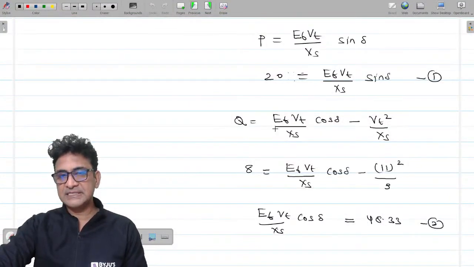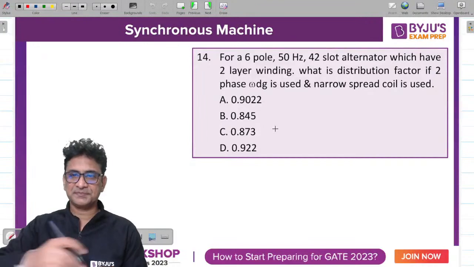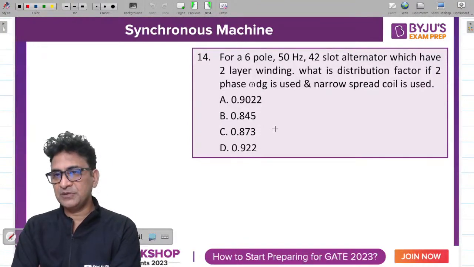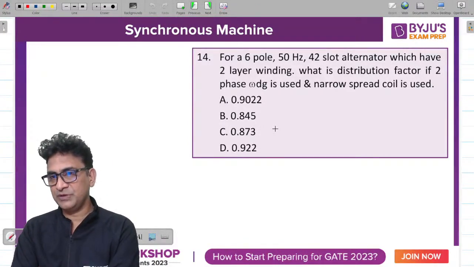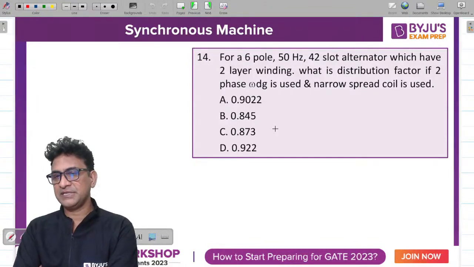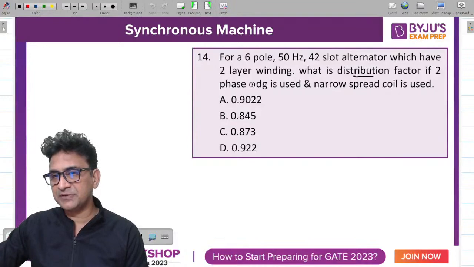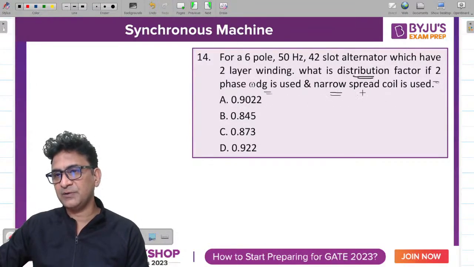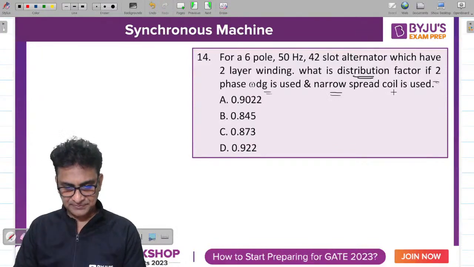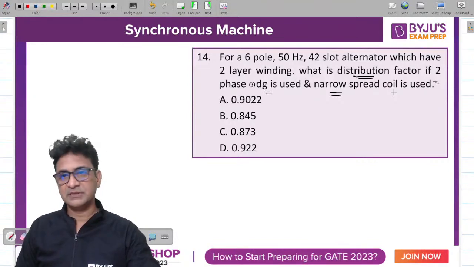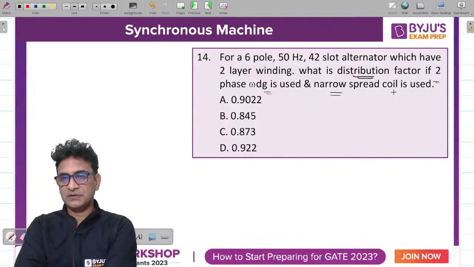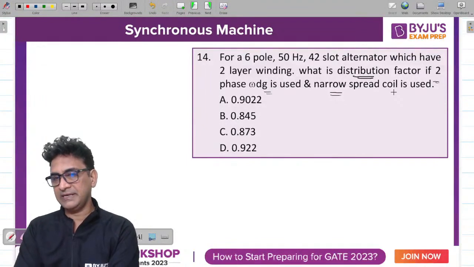Now I am coming to the second last question of this class. For a 6-pole, 50 Hz, 42-slot alternator which has a 2-layer winding, what is the distribution factor? Just find out the distribution factor if a 2-phase winding is used and a narrow-spread coil is used. This question I have intentionally used because you must know how to find the distribution factor for a fractional slot winding.